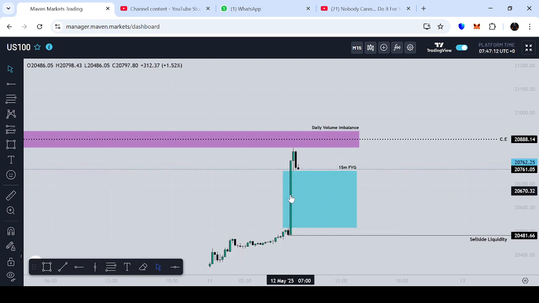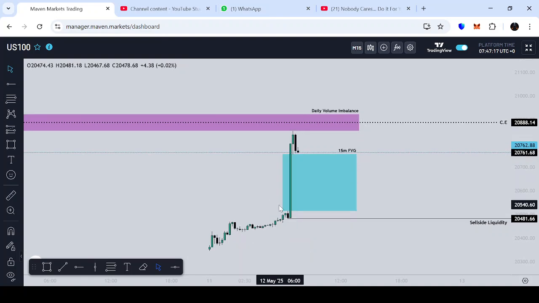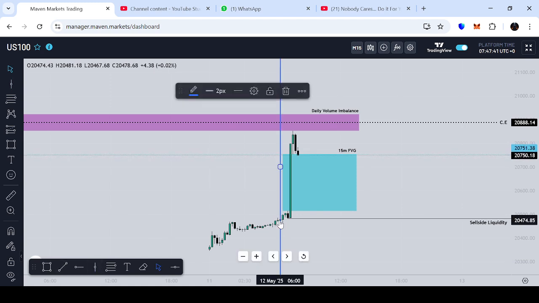All of these movements are within the London session range. London session references.